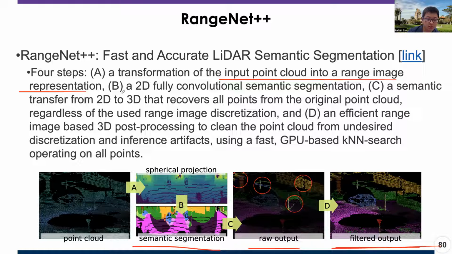Then you have the 2D fully convolutional semantic segmentation. Then you convert the 2D back to 3D and recover all the points. Then they do the post-processing, cleaning the point clouds using GPU-based k-nearest neighbor search for all the points. So this work is done by RangeNet++.